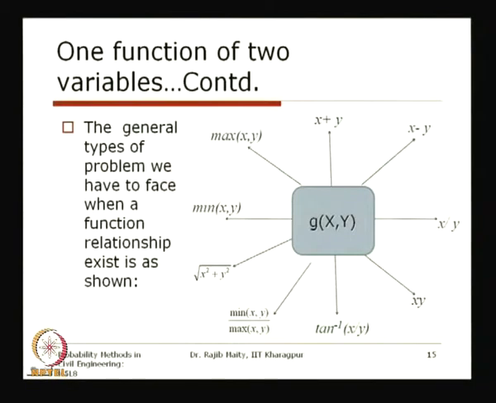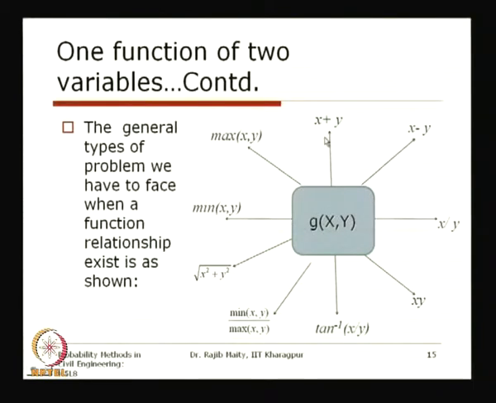We will first take the sum and difference, which has many applications in civil engineering, particularly in transportation engineering. But before we go to that specific function, let us look at the different possibilities of a single function of two random variables. Here is a glimpse.